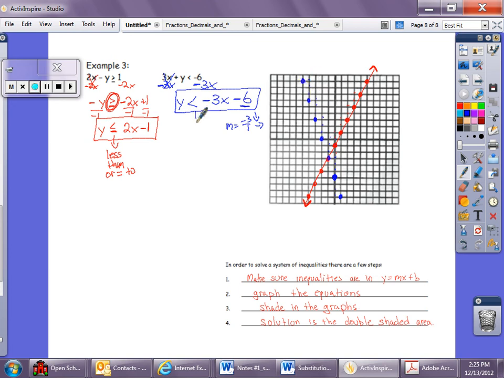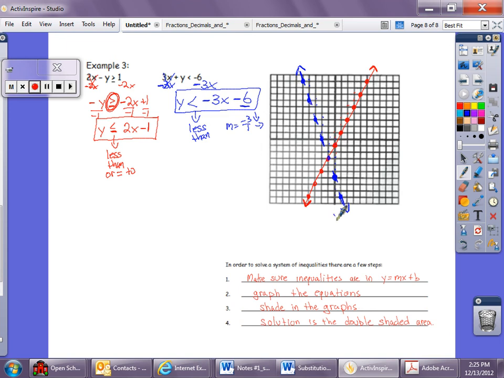Now this symbol has just a less than. So it's just less than, so that means we have an open line or we have a dashed line. So I'm going to put my arrows on the end and then put my dashes in between these. And so now I have a dashed line or an open line.